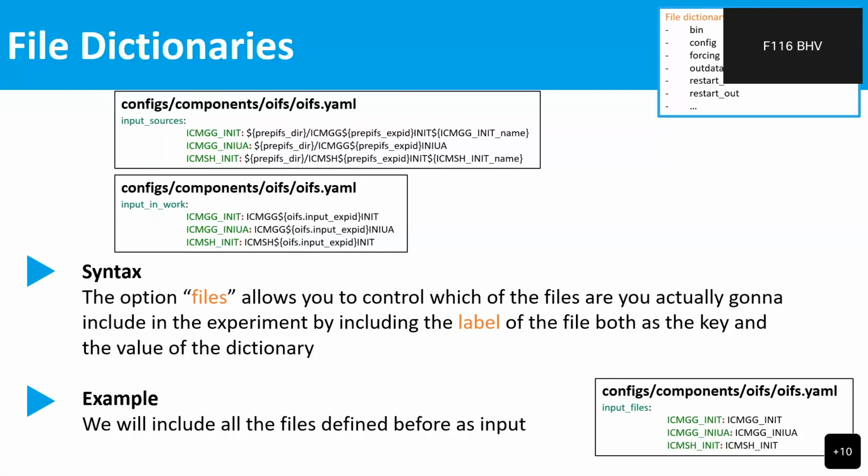For historic, it's this. For SSP 8.1, 8.5, it's this. And you have like 10 different files there. They're all already defined, but you only want to use one of them at any one time. So the files operator allows you to select which one you choose.